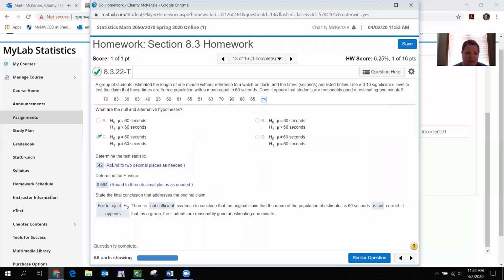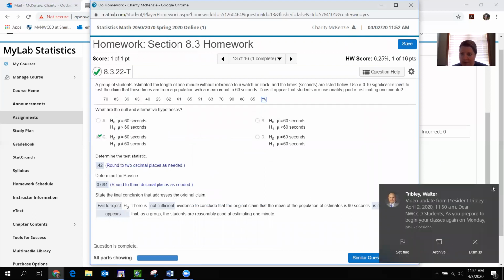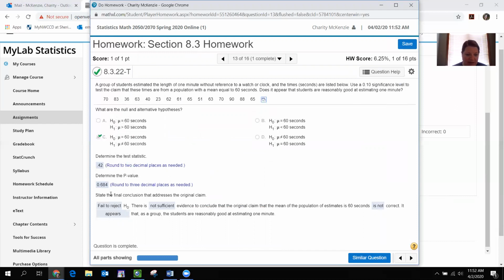So I'm going to minimize this. I would then put in my two values here, and then let's read how we would select this bottom. Because this is a big P, it's large, then we're going to fail to reject the null. That means we're going to go with there is not significant evidence to conclude the original claim of the mean of the population of estimates is 60 seconds is not correct.